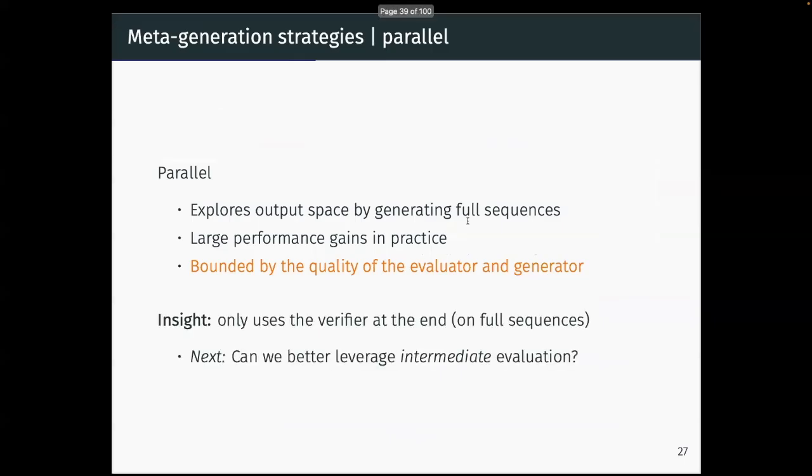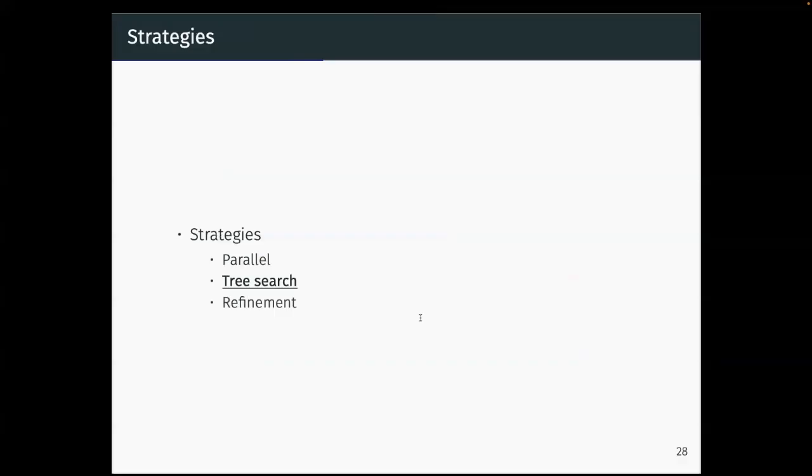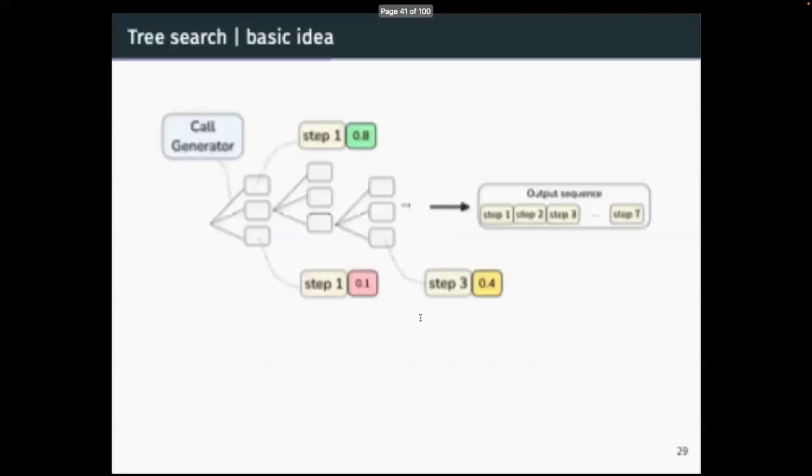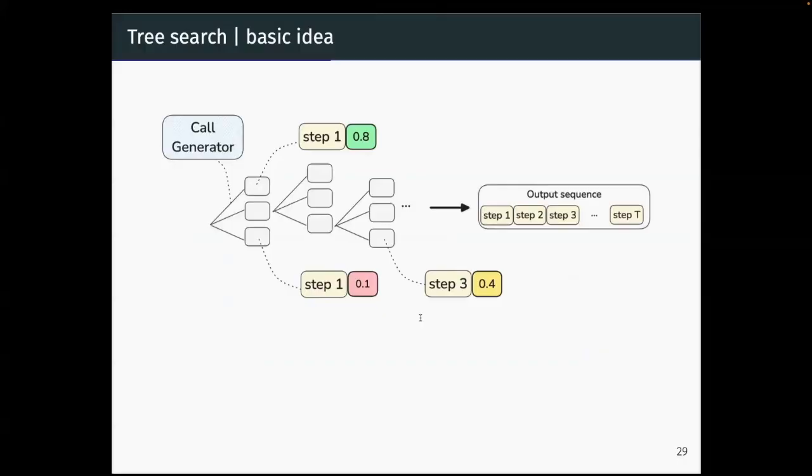Okay. So one insight is that this best of n only uses the verifier or reward model at the very end. And so the next class of methods will try to use evaluation or some score as you're generating, at an intermediate stage. So that's going to be the tree search methods. So here the basic idea is you decompose your generation into this tree.